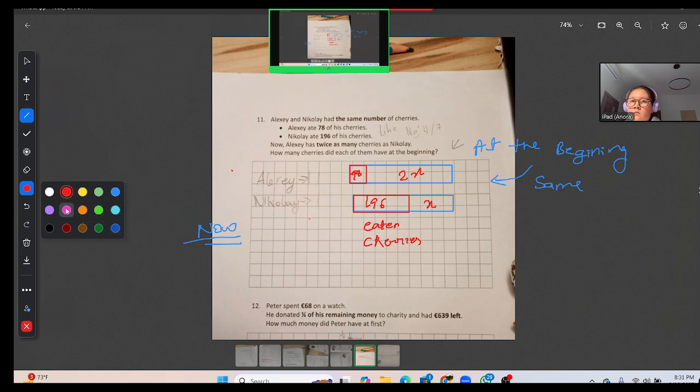Let me use some other color. If I subtract 78 from 196, this is what I will be getting. Not this, sorry, this thingy. 196 minus 78 would give me this much, right?